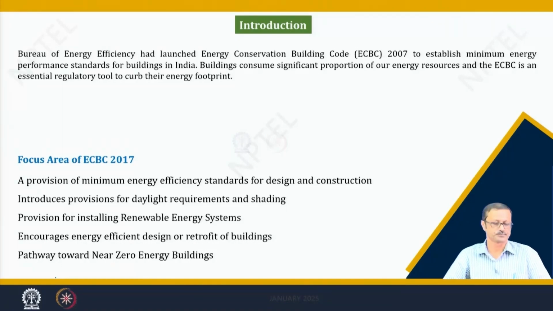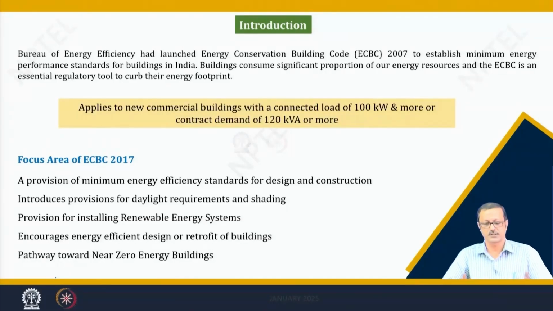One important thing is that this code, or the method suggested in the code, was applied to new commercial buildings. This ECBC 2017 is basically for commercial buildings other than residential buildings. For residential buildings, we have another code, Eco Niwas Samhita.